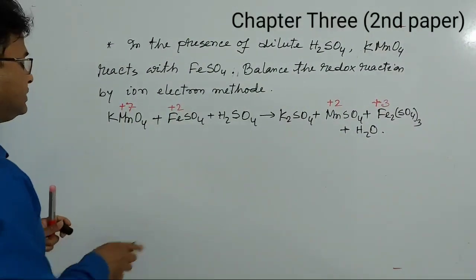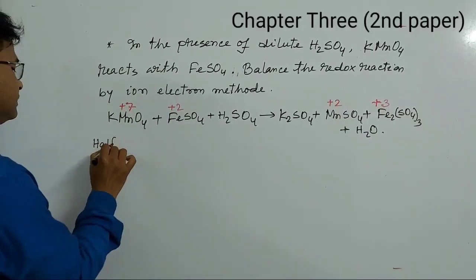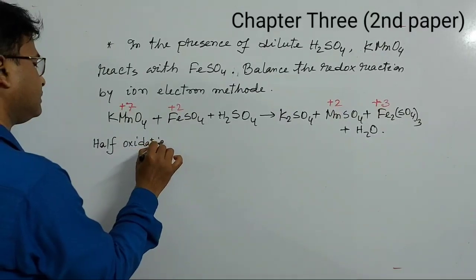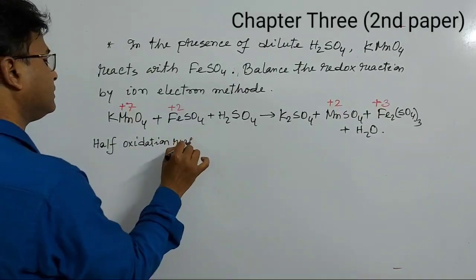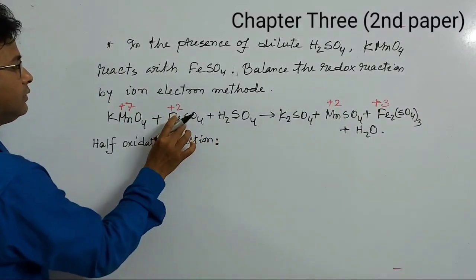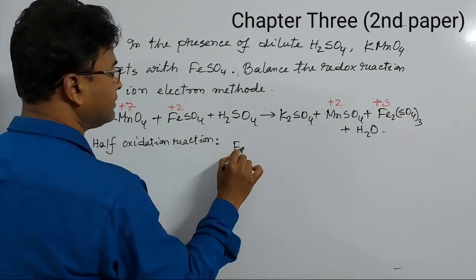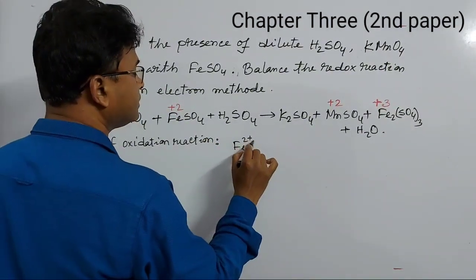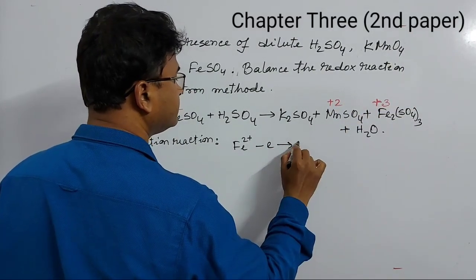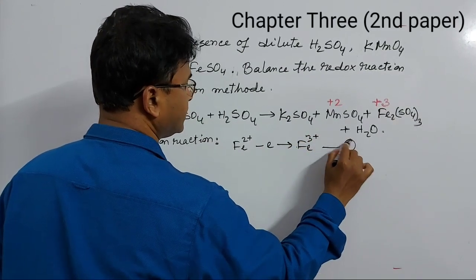So, students, half oxidation reaction: ferrous sulfate, Fe2 plus ion, ferrous ion releases electron to form ferric ion. Let this be equation 1.